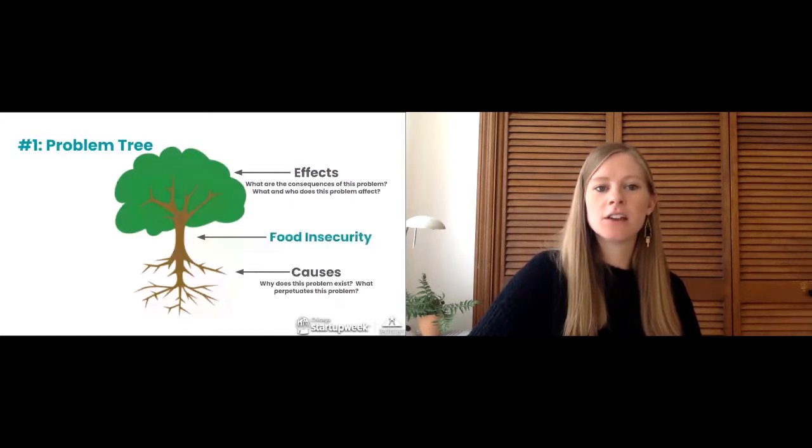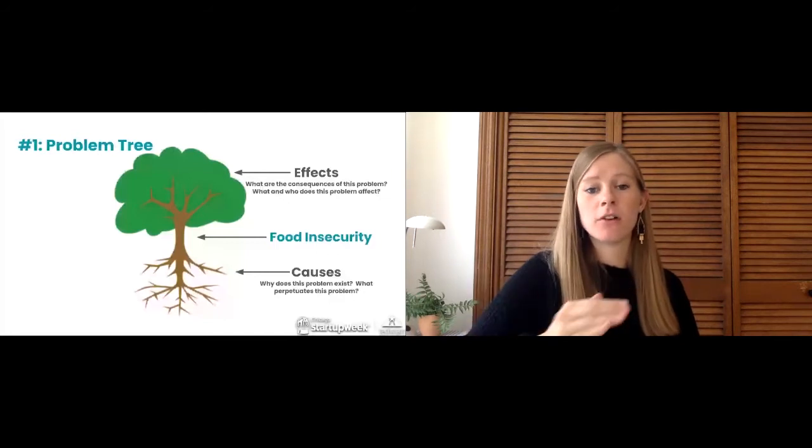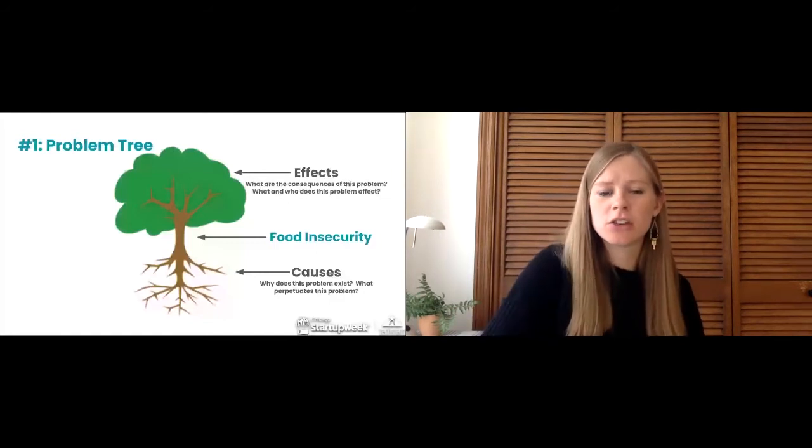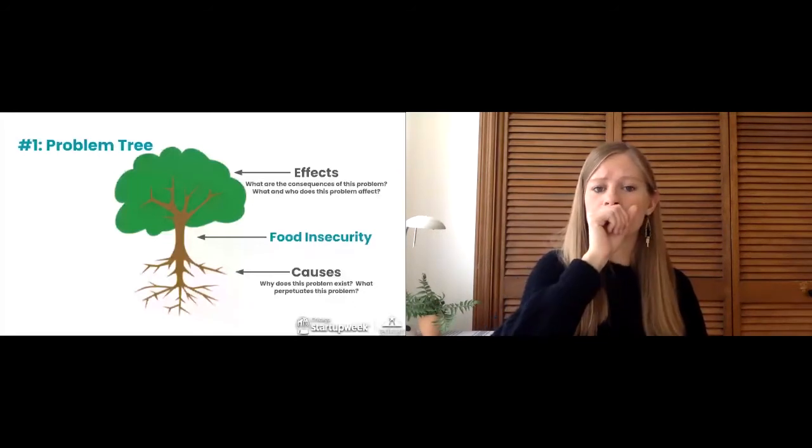On the next slide, this technique is really good for what we would call grand challenge problems, more big picture global problems. Or if you are really interested in helping in a particular area, like for instance on here, I have food insecurity. It's a problem that really could use some innovative solutions.